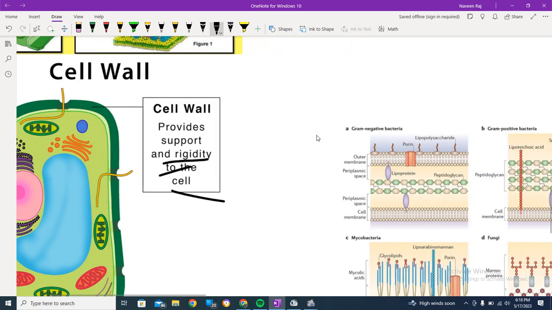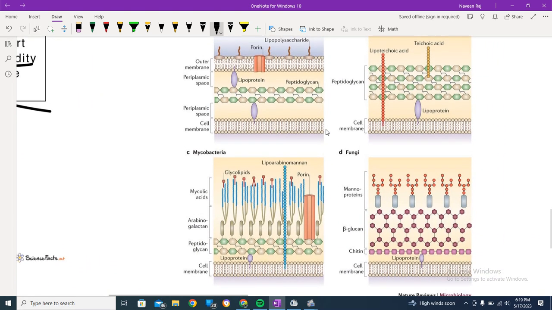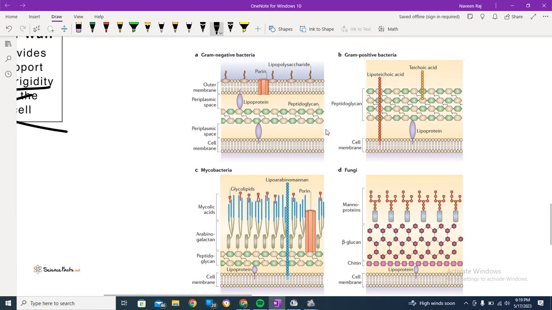Furthermore, the cell wall itself is of different types depending on the organism. Bacteria are further divided into gram-negative and gram-positive bacteria. Where does the difference between the two come from? The difference comes in the cell wall. Both have different compositions of cell wall.